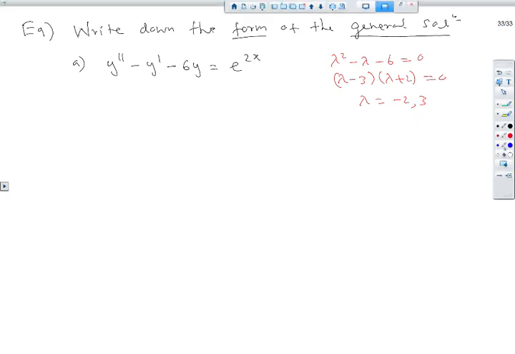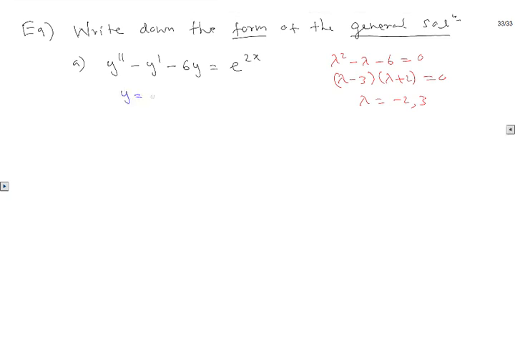So you can write the solution here, simply y equal c1 e to the negative 2x plus c2 e to the 3x. So you can see yp is going to be, because it's not equal to any of them, just A e to the 2x. So that is the form.